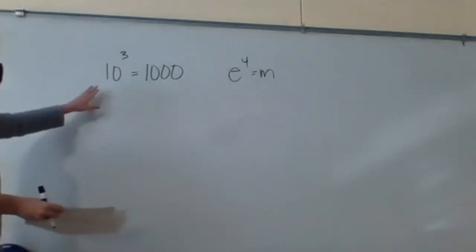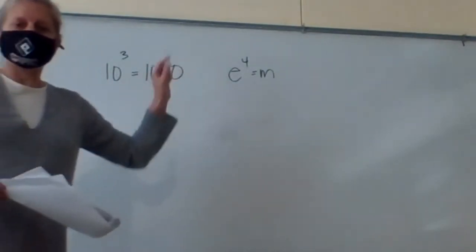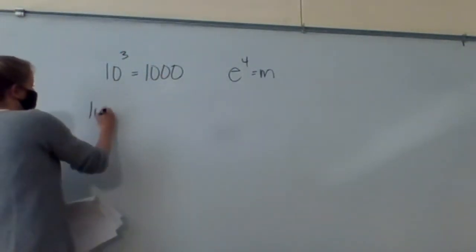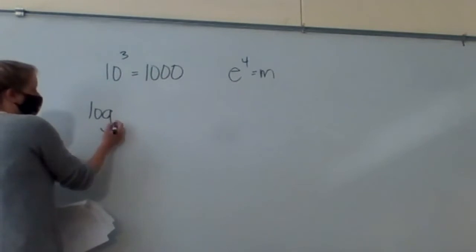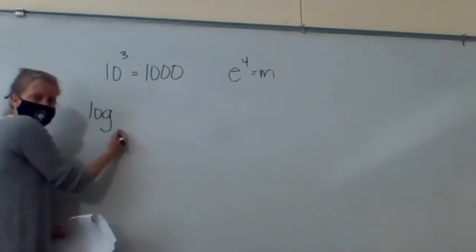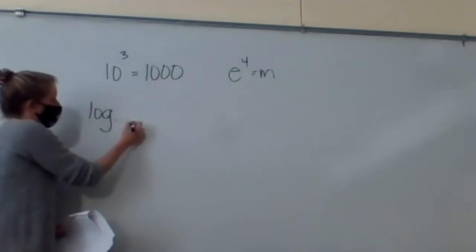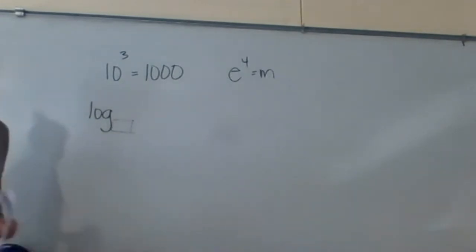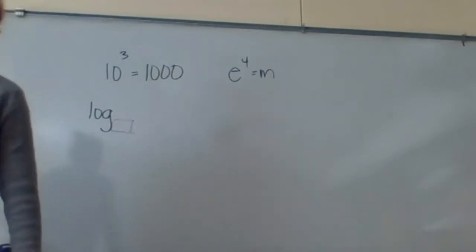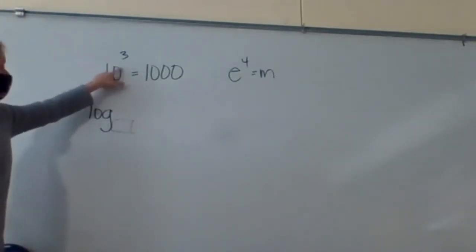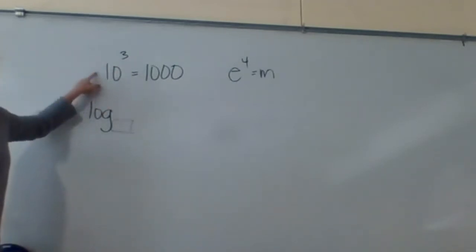So let's see, converting from exponential to logarithmic. And I'm going to go to a log. Now remember, here is where your base number goes, right? You say log base. This number right here is where your base goes. What is the base of an exponential equation? This number right here. Right?